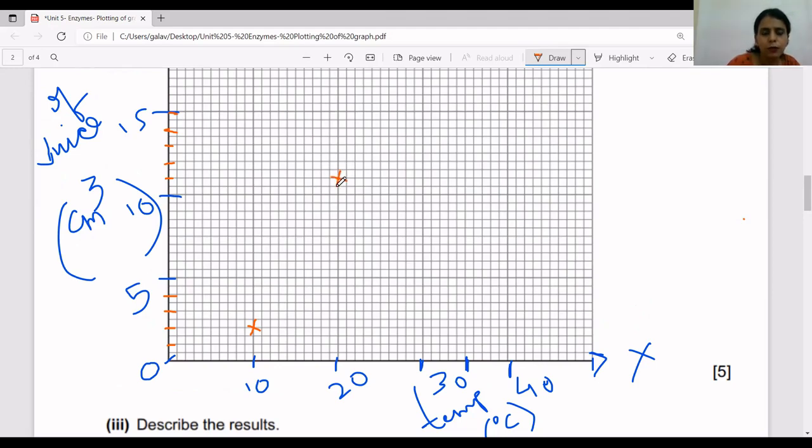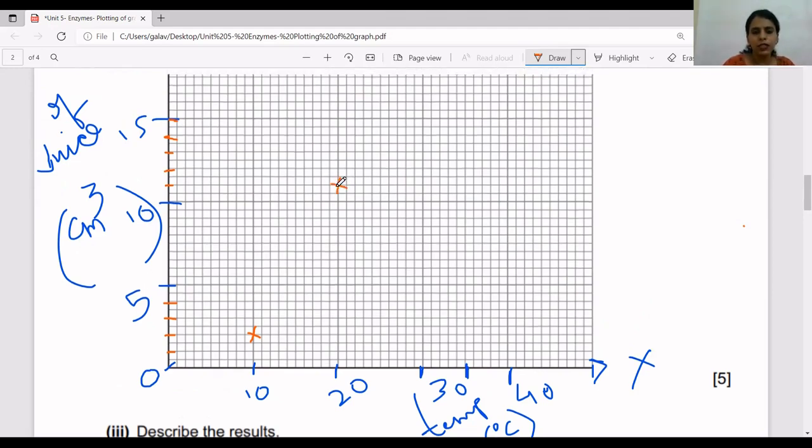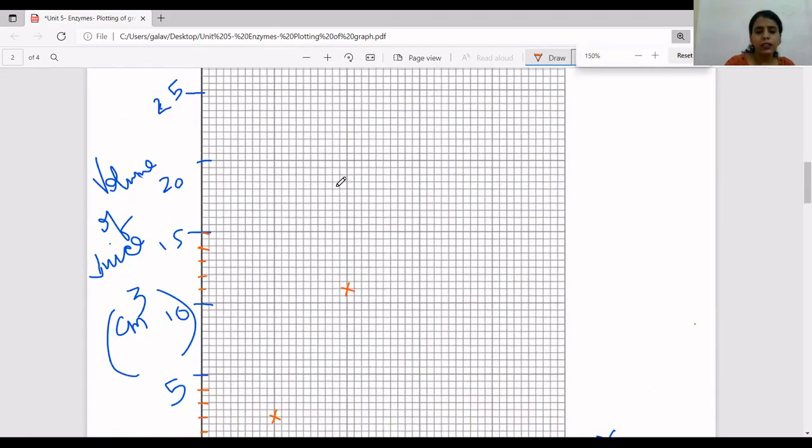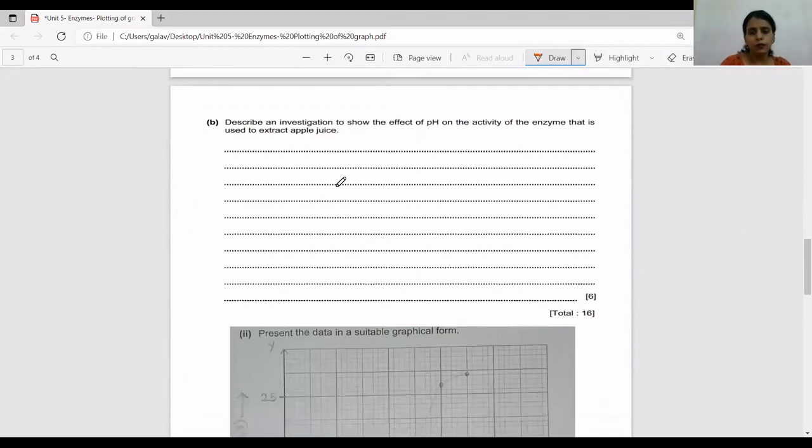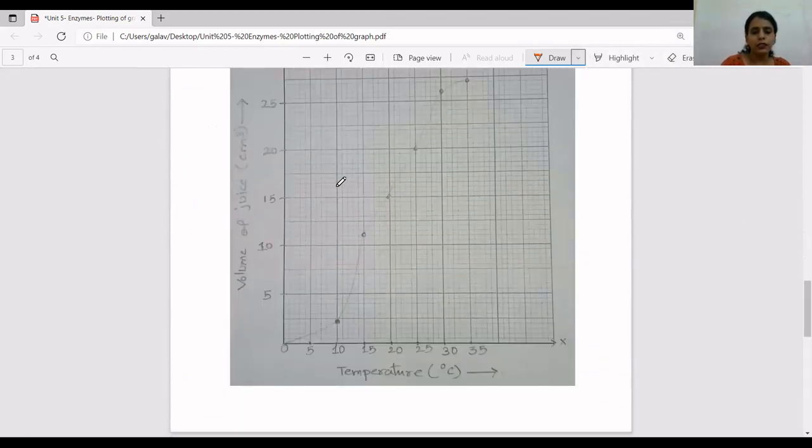Fine, so at 20 you can plot 11. Like this you have to plot your entire graph. Once you completely plot it, you will get your graph like this. This is temperature, volume of juice produced, and at different temperatures the plots are these. You actually have to draw a circle around these points after plotting them.